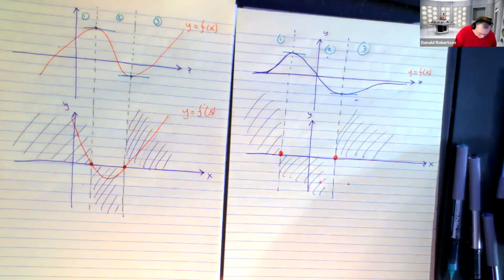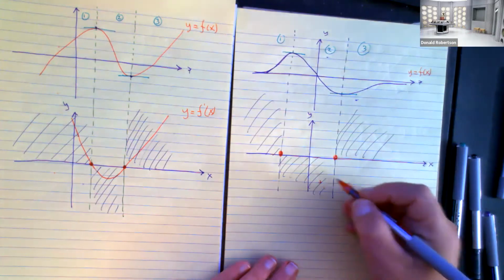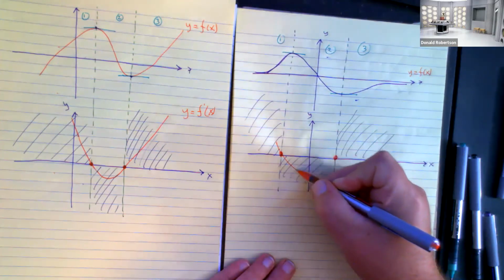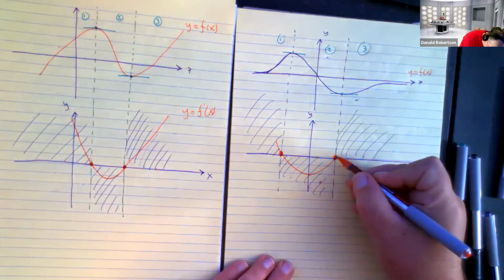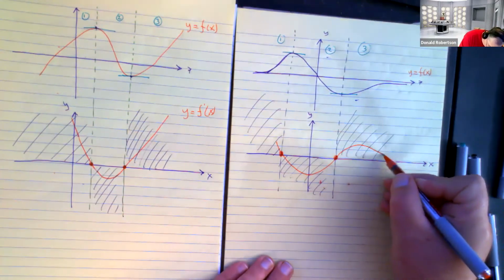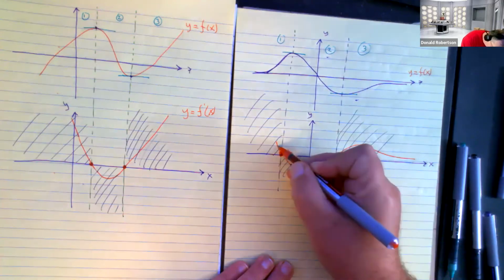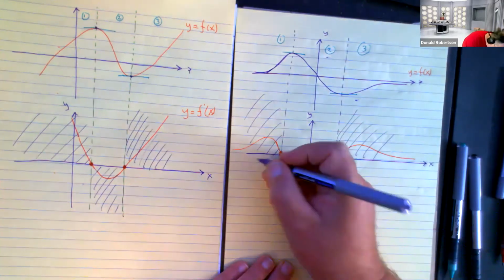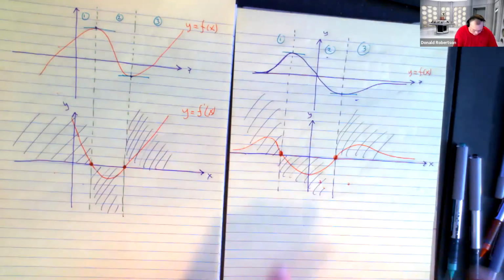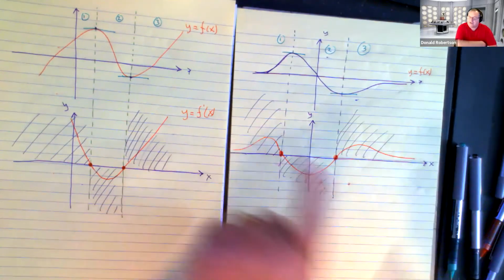I'm going to do something a little different. It's going to look like that. And then it's going to go and do this. Do you see I'm flatlining at the edges?